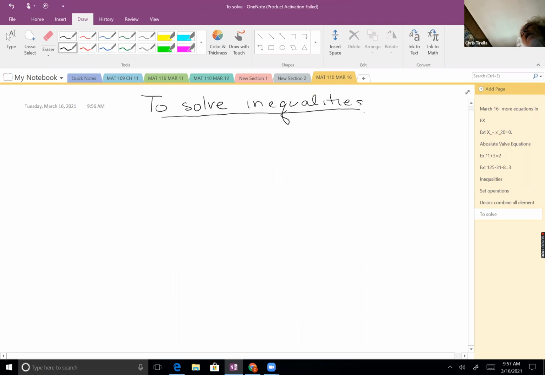And when we solve inequalities, they're very similar to solving equations in some ways, but in other ways, they're very different. When we solve inequalities, we're going to have a couple of properties that we need to use. One is the addition and subtraction property of inequality.